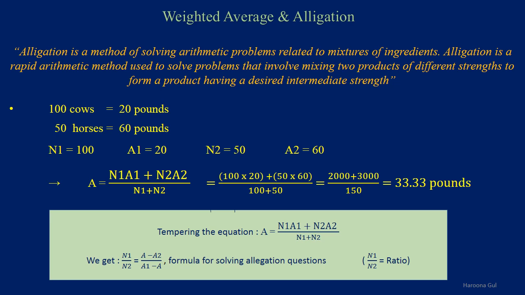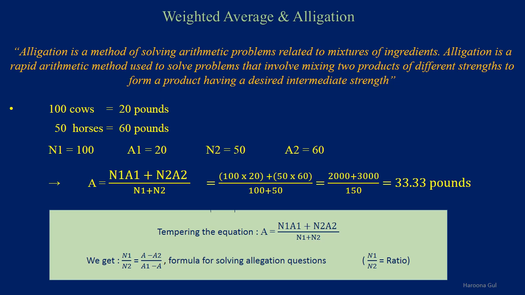Now, in order to find the average weight of cows and horses, we're going to use a formula: average is equal to N1 into A1 plus N2 into A2 divided by N1 plus N2, where N1 is the number of cows, N2 is the number of horses, A1 is the average weight of cows, and A2 is the average weight of horses. If we put these values in the formula, we're going to get 33.33 pounds as our weighted average.